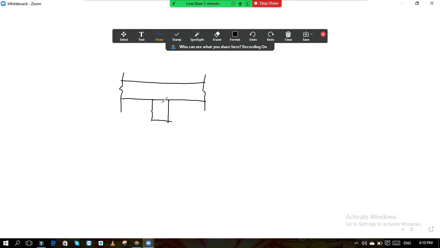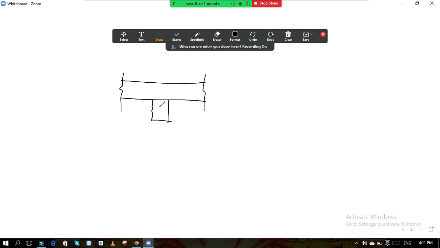Okay, and in addition to this, if the main reinforcement in the slab is parallel to the length of the beam, now suppose it is a two-way slab, then there is no question, the main reinforcement is always parallel. But if it is a one-way slab and the main reinforcement of the slab is parallel to the beam, then this slab will act as a flange of this beam, and this slab will help this beam to resist the compressive stresses.